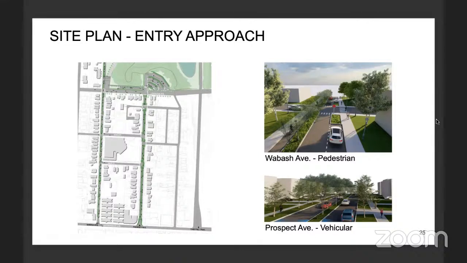There would still be on-street parking for those residents that live in the neighborhood, but we'd be introducing a planter boulevard to separate the vehicles from the pedestrian zone to add a little bit of safety, and that planter boulevard would act as that formal visual cue to the park. And with some studies, Prospect Avenue is wide enough that we can introduce a planter boulevard without having to cut away any on-street parking or room for vehicles.